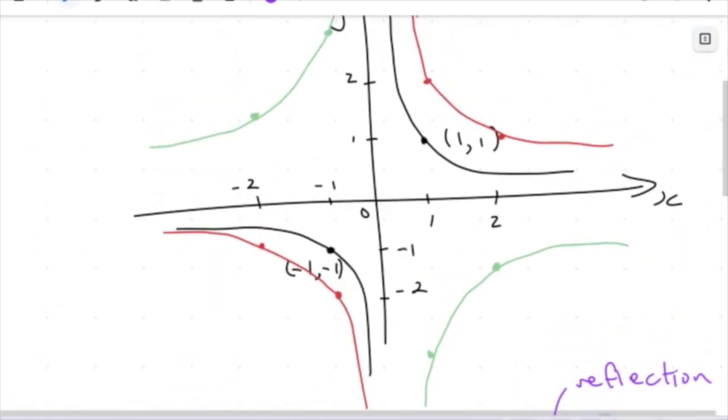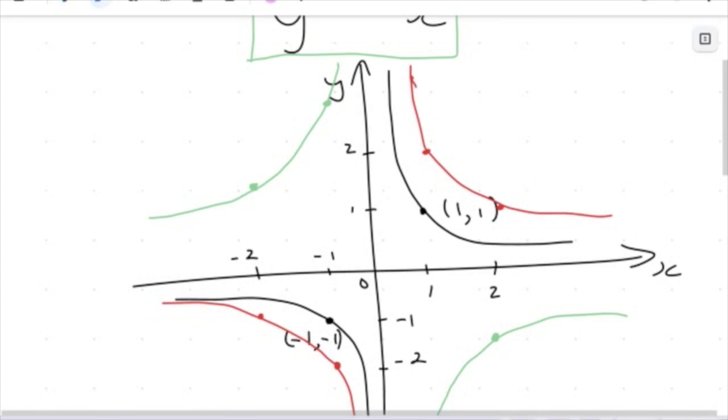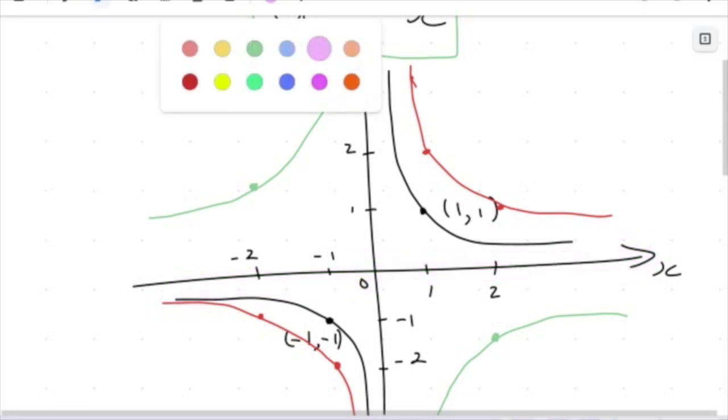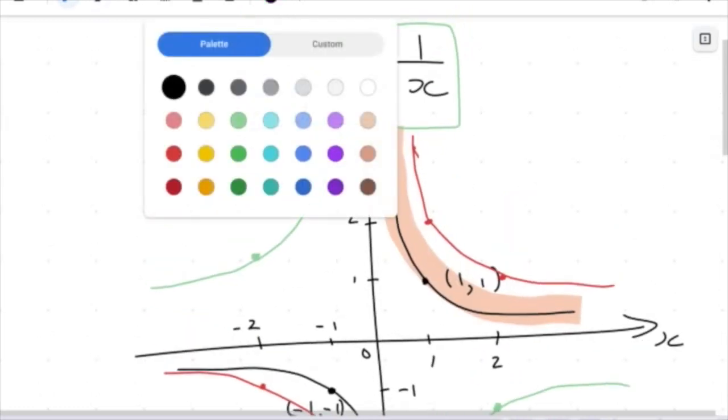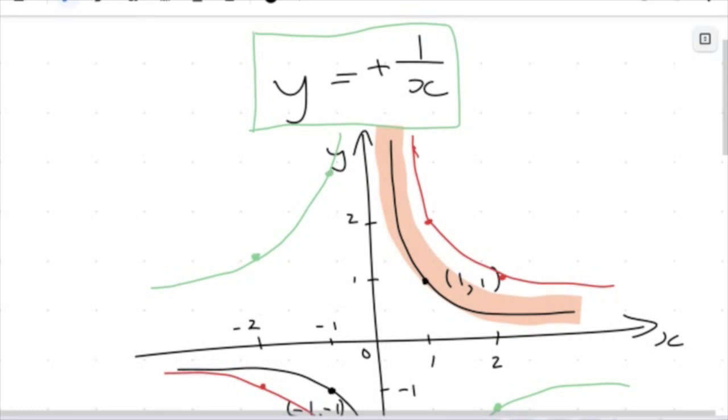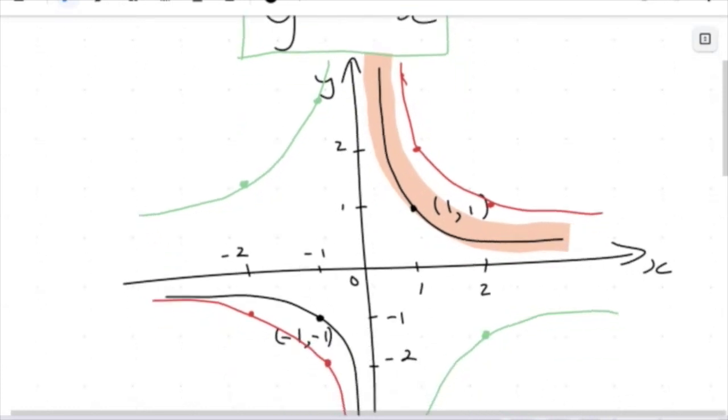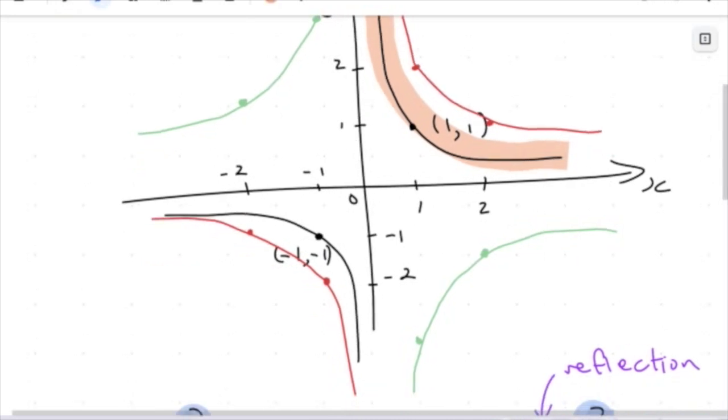When we had these in the past, we noticed that everything got reflected around the x-axis. So everything on top of the x-axis went to the bottom. Now, here if I draw this little mirror that's reflecting, we notice that something like this, for example, a positive hyperbola in which the sign in front of it is positive, like y equals +1 over x, gets reflected in the y here.